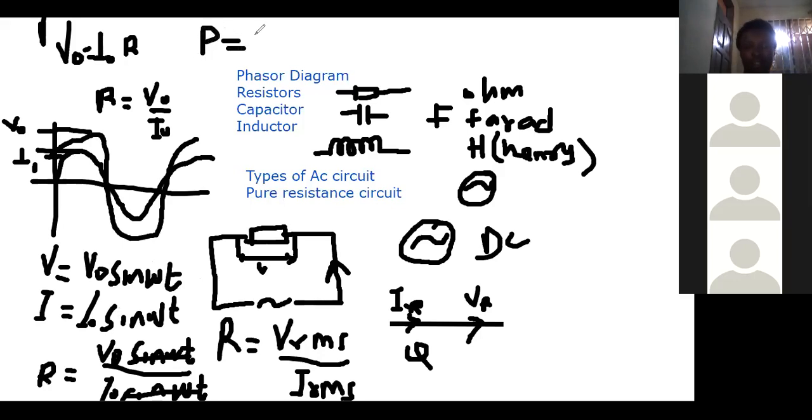The formula for power is current I times voltage V. But our effective I, in other words our root mean square current, is equal to the whole of this. Then our root mean square voltage V is equal to the whole of this. And so to find power, we multiply the two of these.